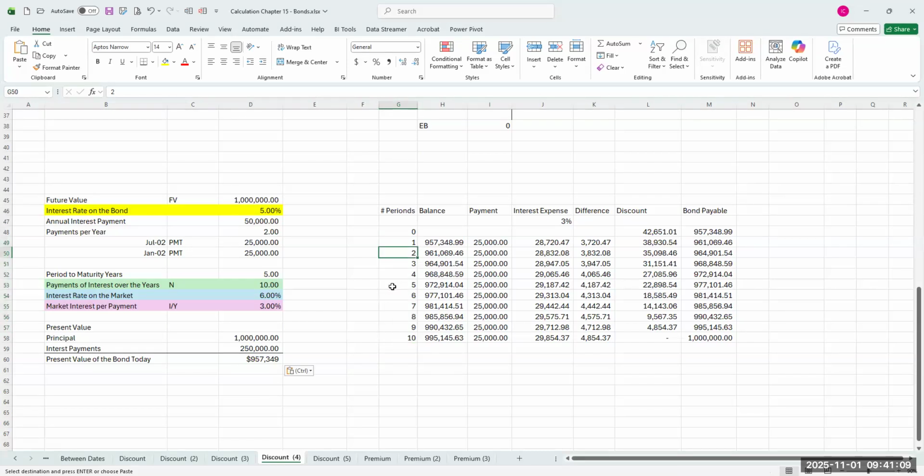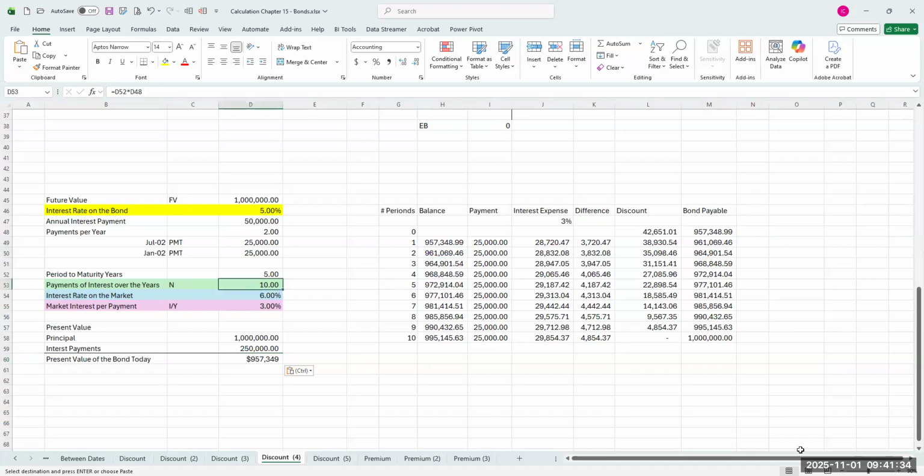Well, how can I find this amount? Where can I find this amount then? Well, this amount will be if there are only 9 payments remaining. So if I change this one to 9, I should naturally get this amount, not 957,349. I should get 961,069.